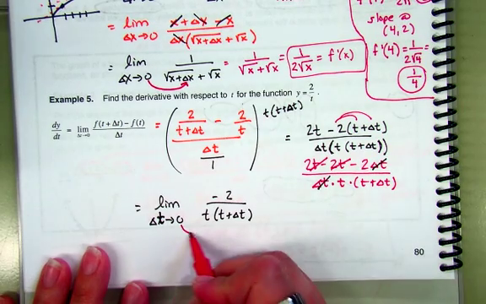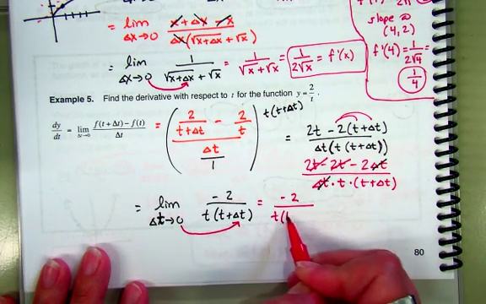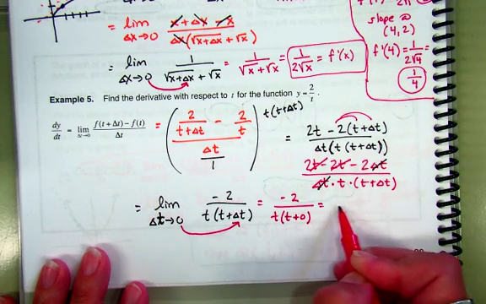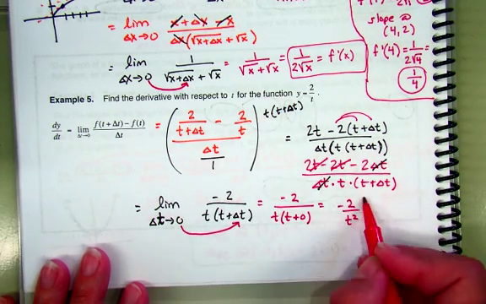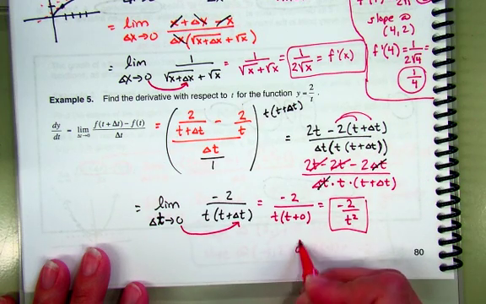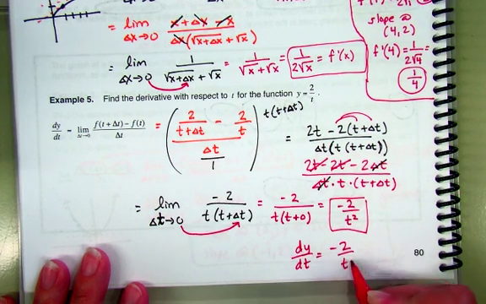And then I would do direct substitution. So negative 2 over t times t plus 0, negative 2 over t squared. So my dy dt is just negative 2 over t squared.